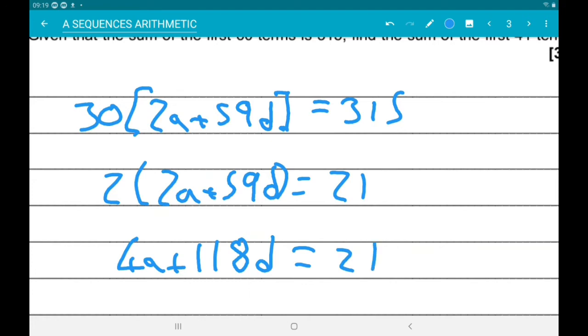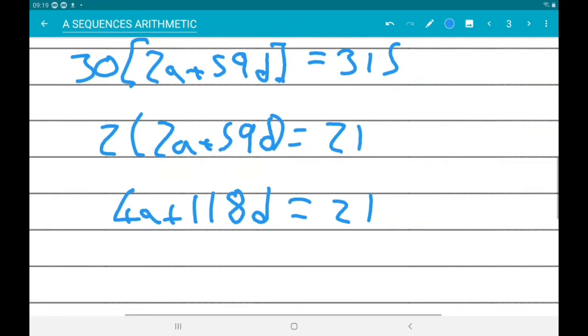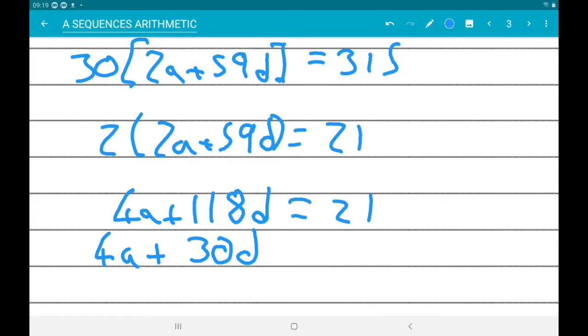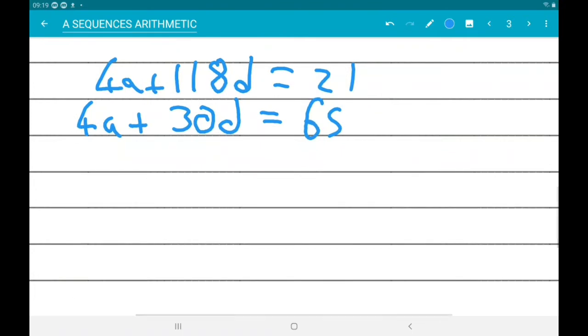Now we also know that 4a and 30d is equal to 65. Alright, so we now want to solve these two. Now both of them have 4a, so we can get rid of a.